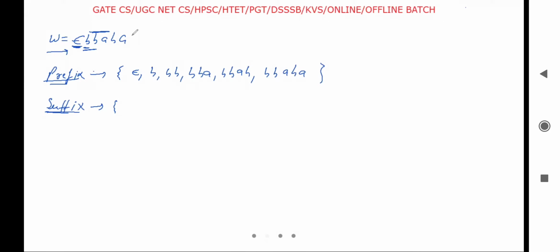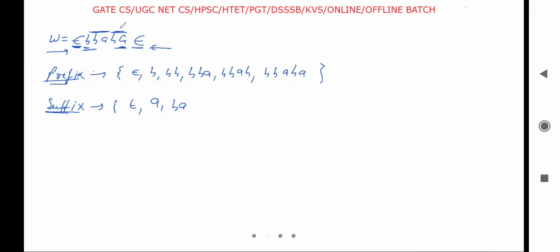For suffix, here also it can be null, right? So from the right hand side we'll see the 0 length, 1 length string, 2 length string. So it can be null. After that it can be a. After that it can be ba. We do not have to reverse the string.